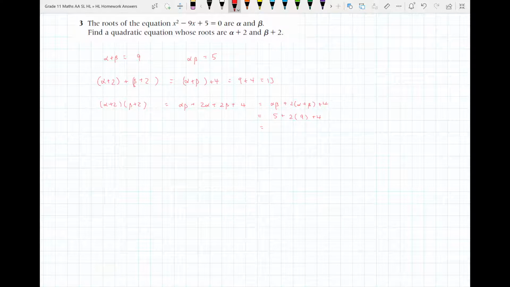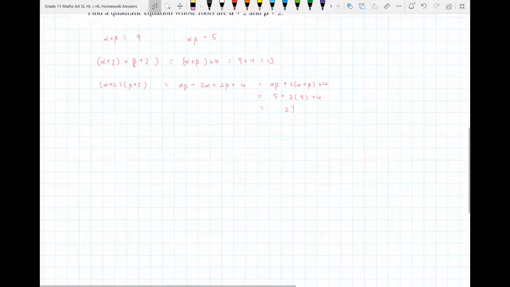And the product is 5 plus 18 plus 4 is 27. So we can form this equation.